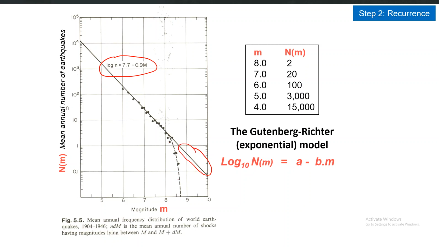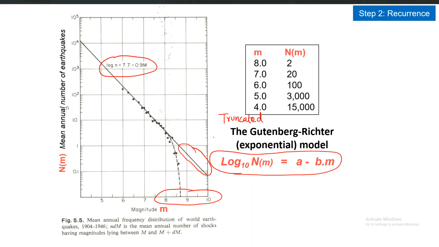So this dotted line is in fact the truncated Gutenberg-Richter model. The solid line is the actual line from this equation, but the dotted line is actually capturing the actual variation in the occurrences of large magnitude earthquakes, and that is more realistic. That can be captured by the truncated Gutenberg-Richter relationship.